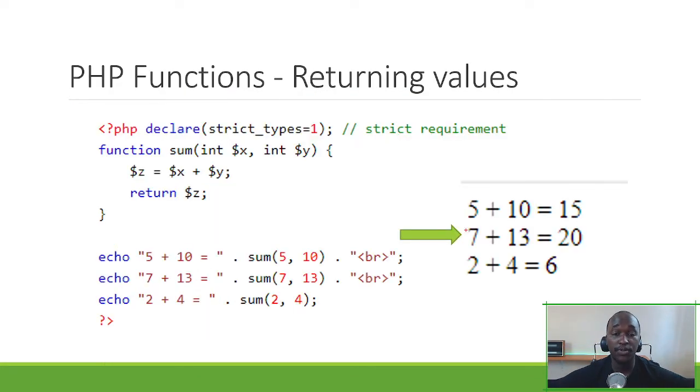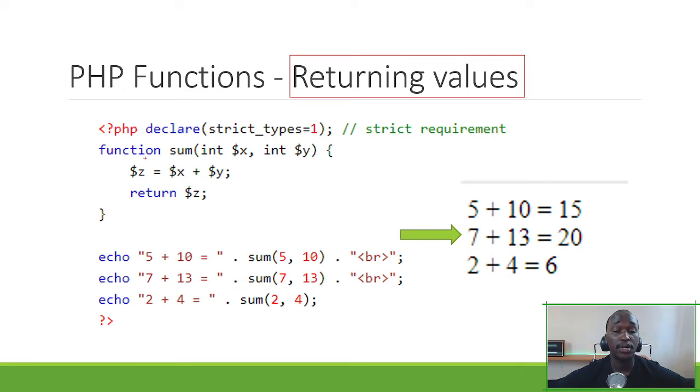We go ahead to returning values. This is another very important concept. Now, a function can return a value, or it can fail to return a value. What that means is that it's optional for a function to either return or not return a value.